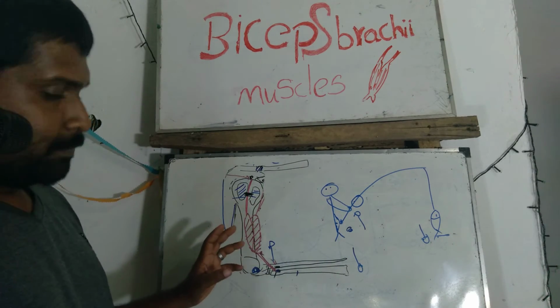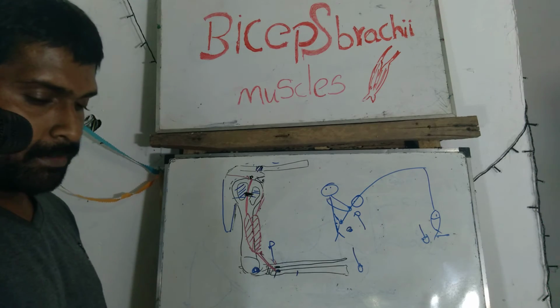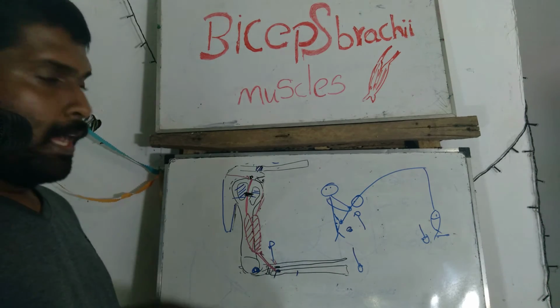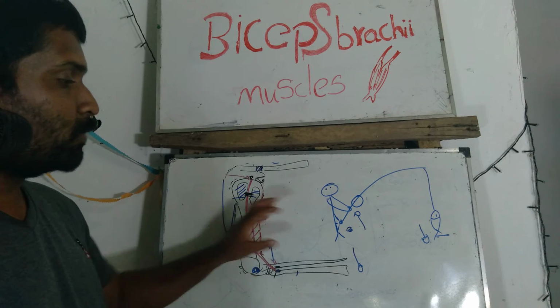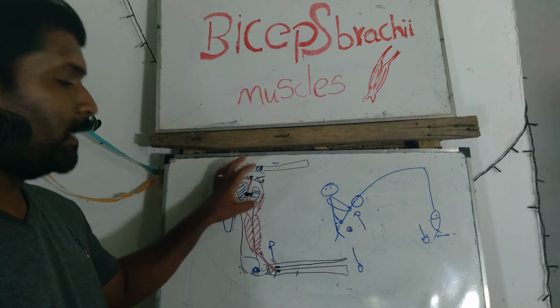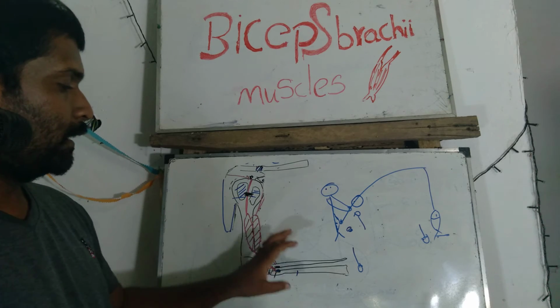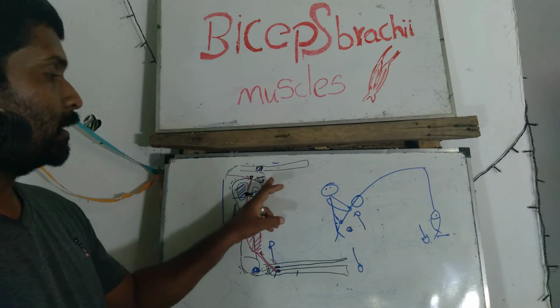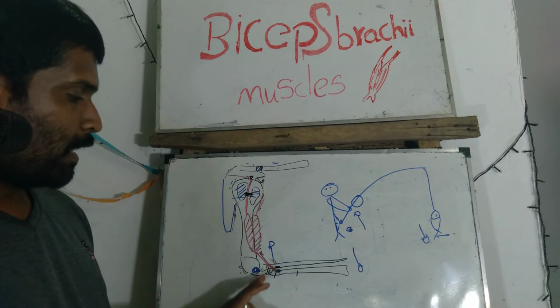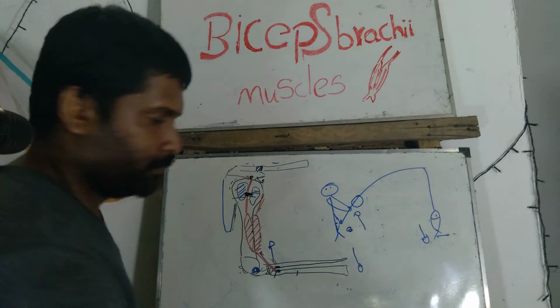Now we are going to talk about the diseases of this biceps muscle or around this area: the head, the biceps tendon and muscle, the shoulder joint and the elbow joint.